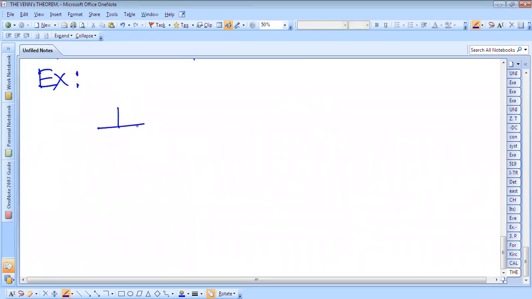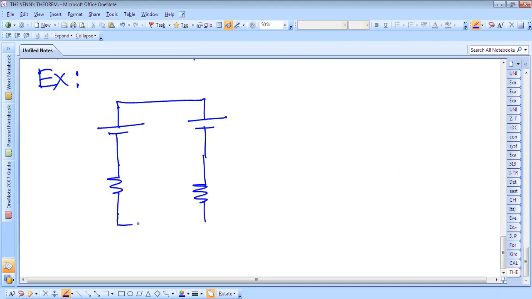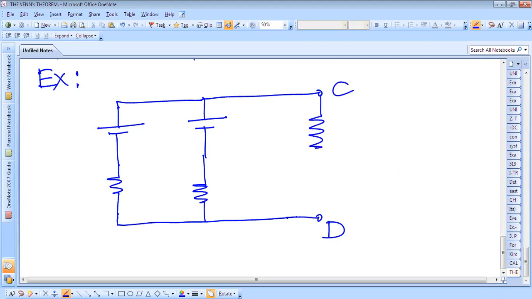We have a circuit like this, having two EMF sources and a resistance, and this is the load resistance, given as 10 ohm.